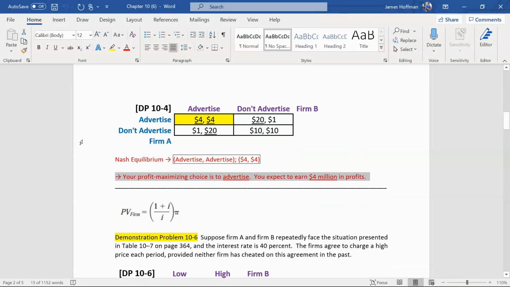Okay, so for just a one-shot game, there's the Nash equilibrium best response concept used in practice in some type of oligopoly advertising scenario.